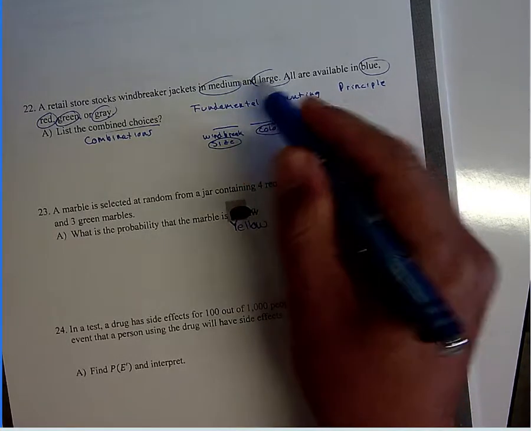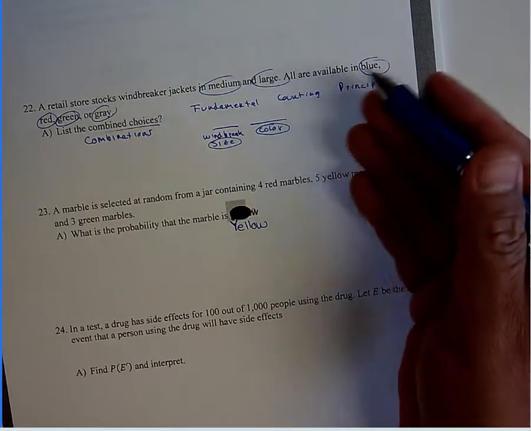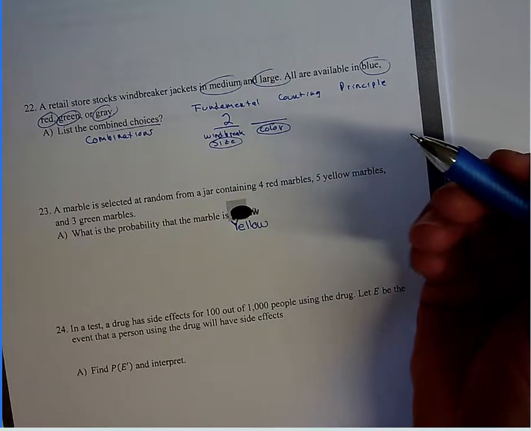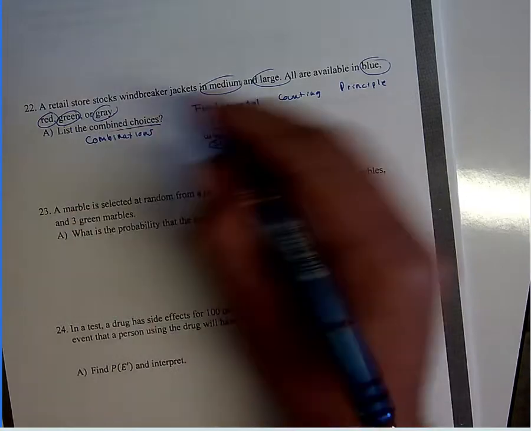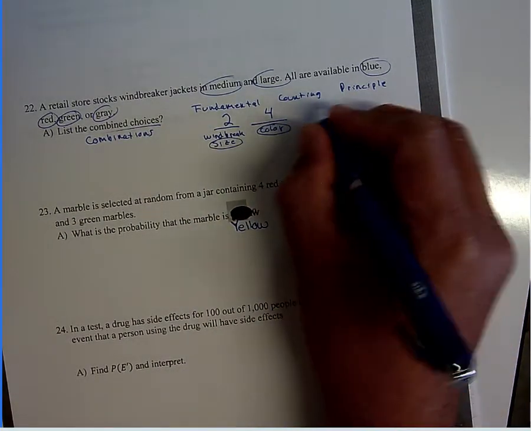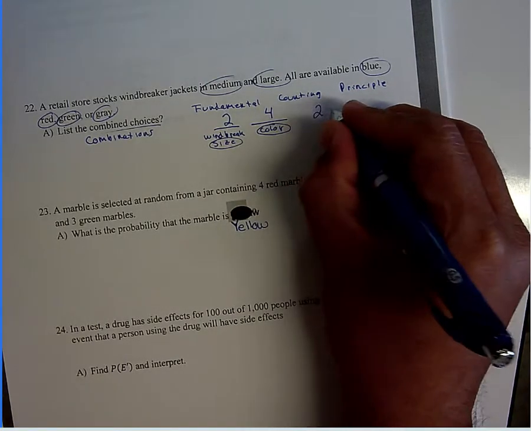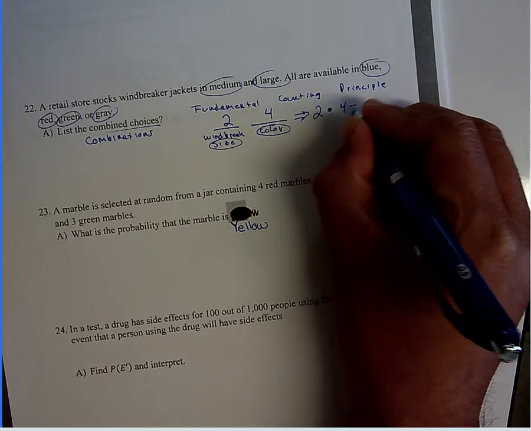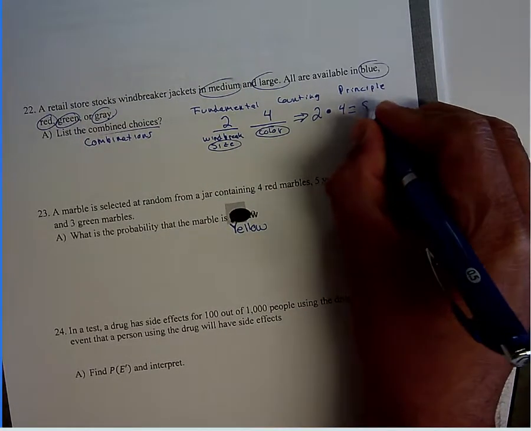We have two options. So based on the fundamental principle, we know we have two options here. How many options do we have for the color? We have four different ones. So based on the fundamental principle, you can multiply these two times 4 to find the number of combinations, which is 8.